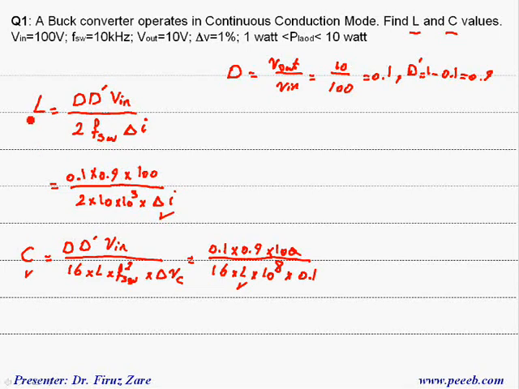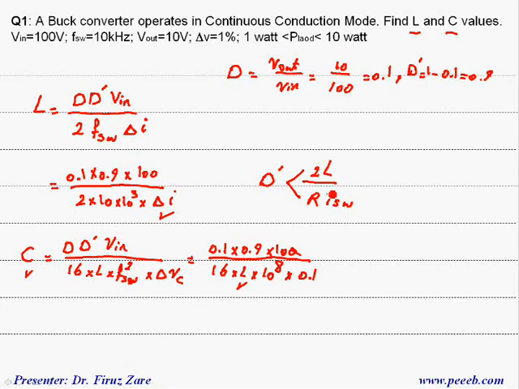But the point is that the condition for the system to operate in continuous conduction mode is D' should be less than 2L over R T_sw.